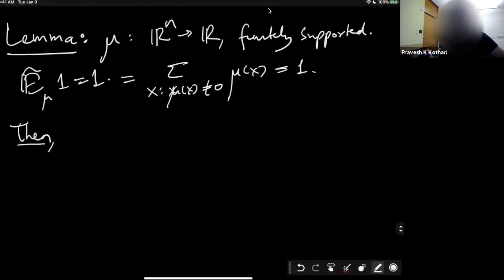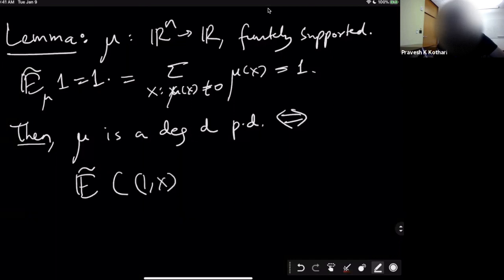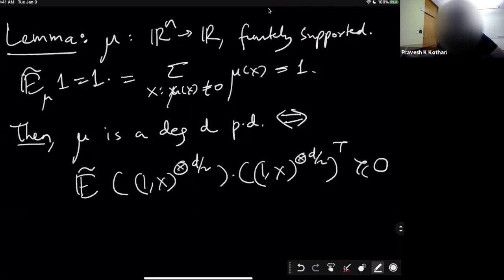Then mu is a degree d pseudo distribution if and only if the matrix is PSD. And the proof of this is exactly the same as in the context of the hypercube.